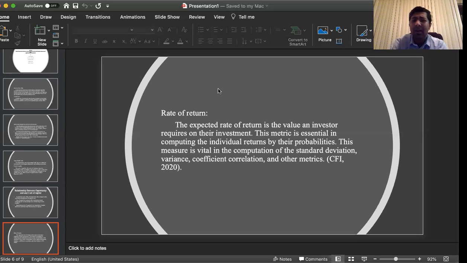It is kind of similar to the hurdle rate, but the hurdle rate is the minimum rate of return you can get, not what you expect. So next slide.